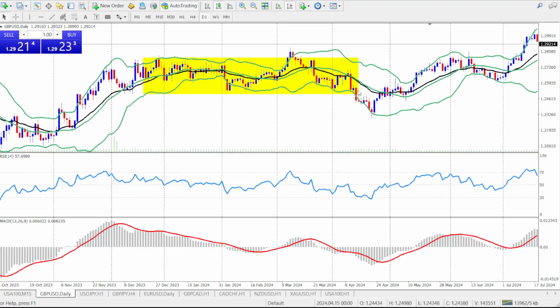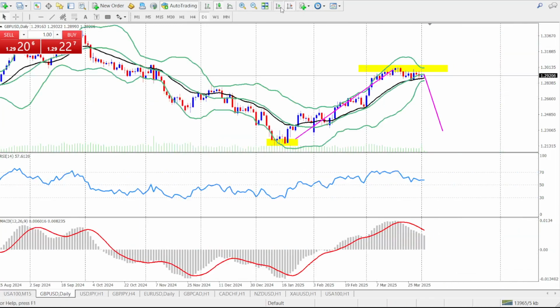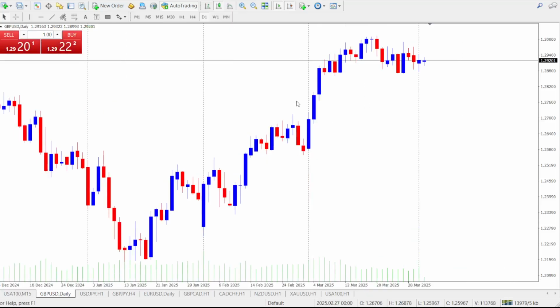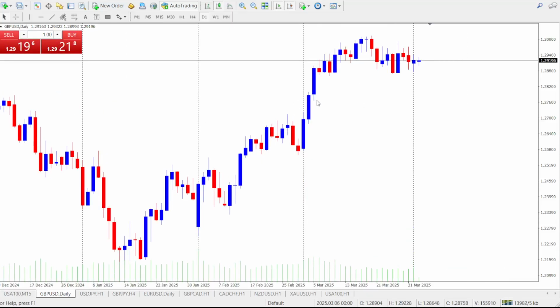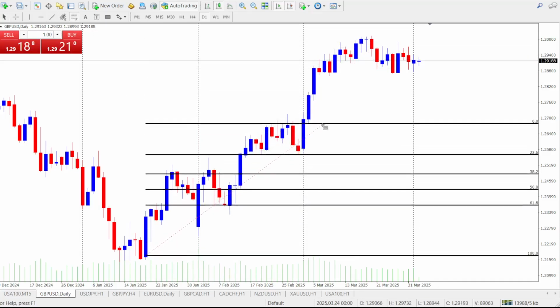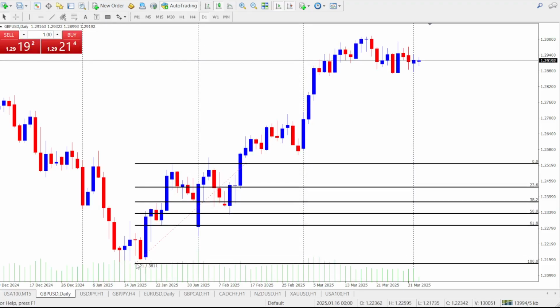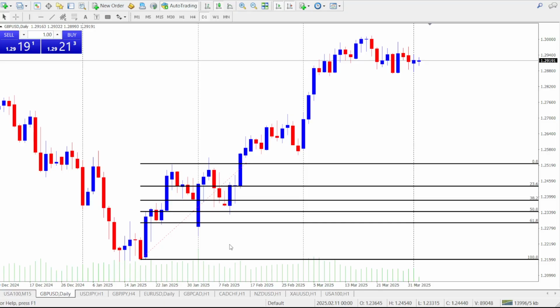Finally, we have the Fibonacci retracement tool. The Fibonacci retracement is another very popular tool that is used by a lot of traders. It is used to identify potential support and resistance zones, potential support and resistance levels.